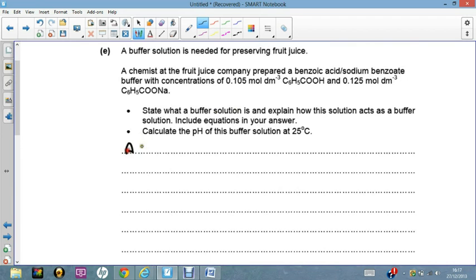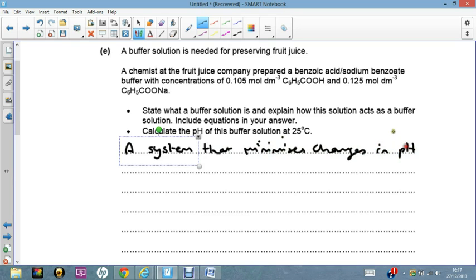It's a system that minimises changes in pH, 1 mark for saying that bit.